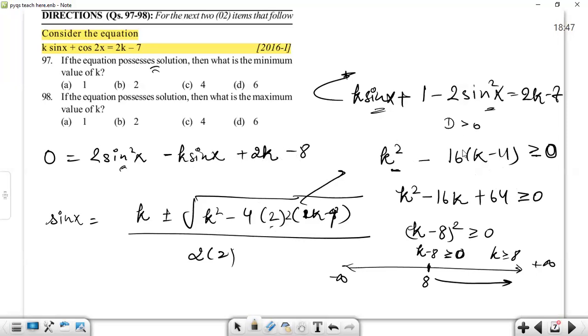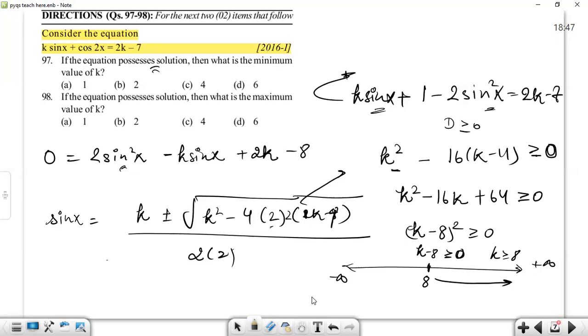D should be greater than or equal to 0. So k minus 8 square should be greater than or equal to 0. I guess we are missing something. Yes, I got it now.